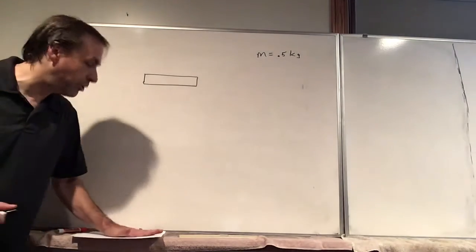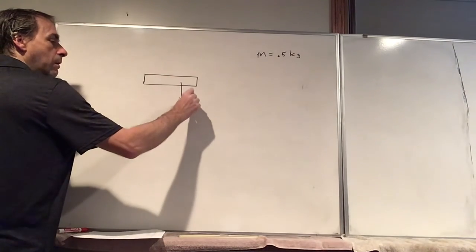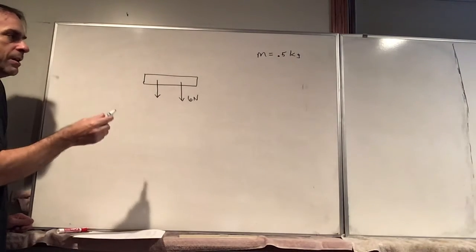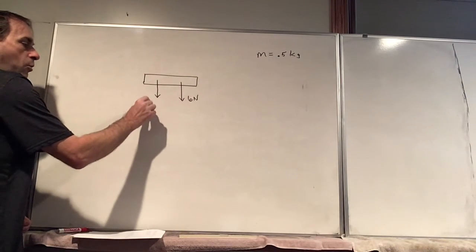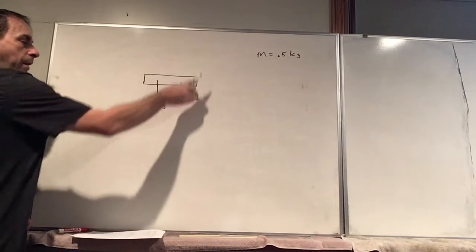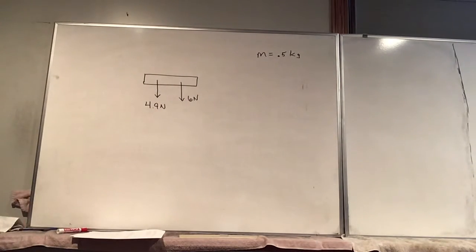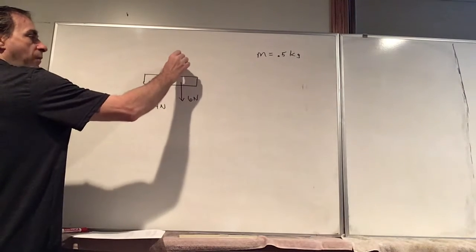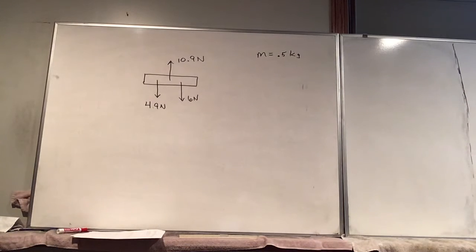So you've got a book, you're pushing down on it with a force of 6 newtons. Now you also have gravity acting downwards on the book. 0.5 times 9.8 would be 4.9 newtons. So that's the hand pushing down on the book, that's gravity. So the total downward force on the book is 10.9 newtons, and so the normal force would be 10.9 newtons upwards.